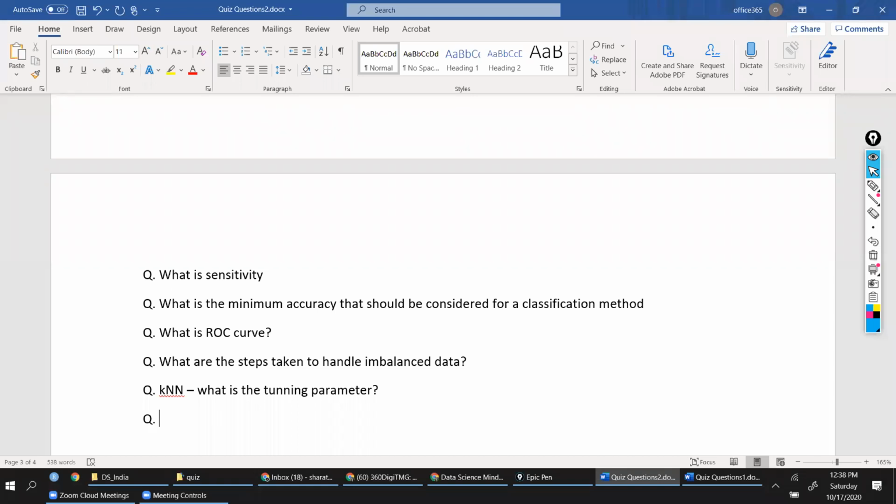Anyway, we have a tuning parameter in terms of K to get a better result, so we alter the K value simply. But for a given K, if you have the same distances, then it is randomly choosing one. There's no logic there. All right. Next.